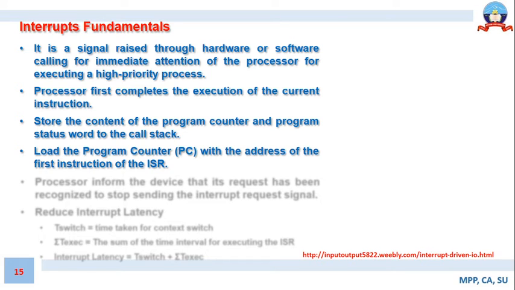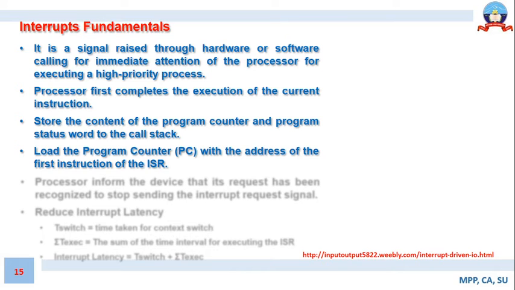The set of instructions pertaining to the high priority process may be stored somewhere else in the memory. So now you need to load the program counter with the address of the first instruction of the interrupt service routine.